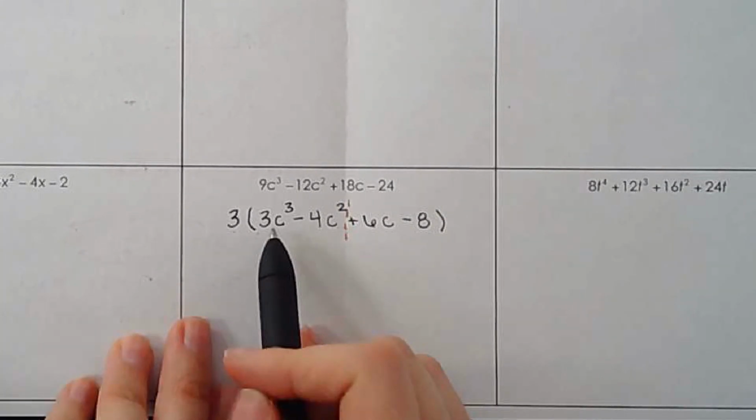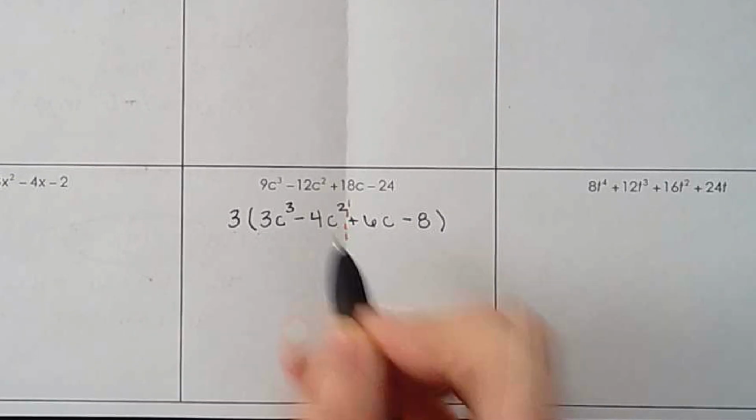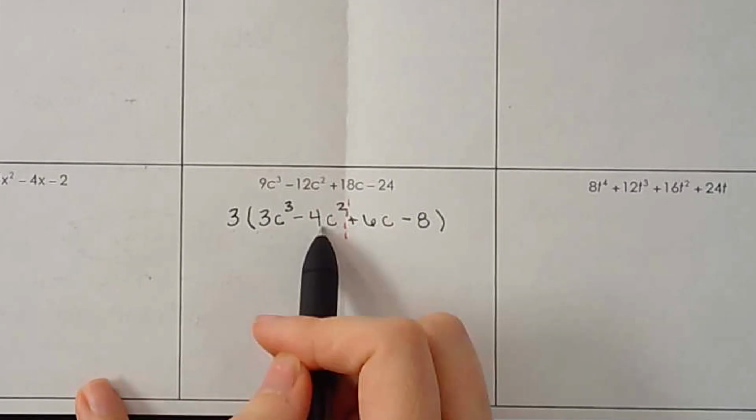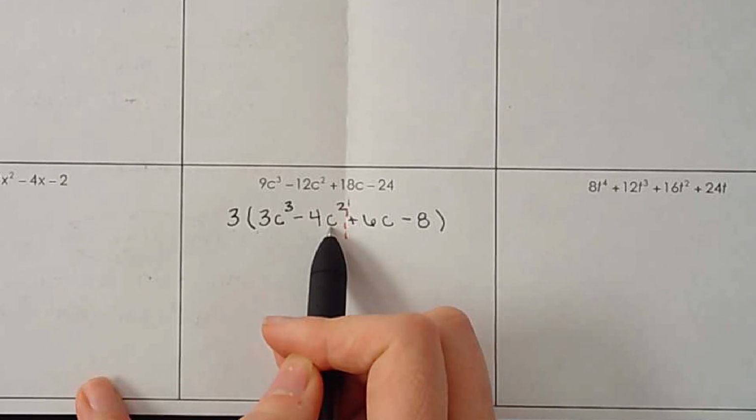On the left side, I have 3c to the third power minus 4c squared. From those two terms, I can't factor out any numbers because 3 and 4 don't share any common factors, but I can factor out c squared.